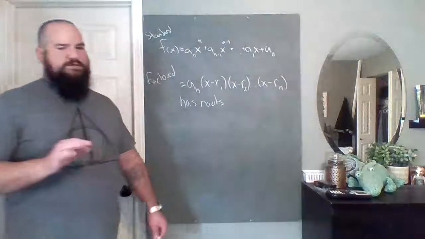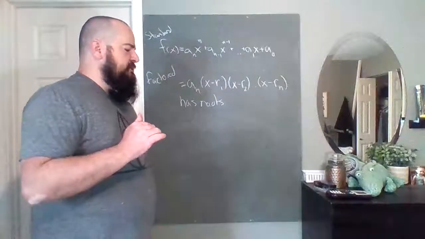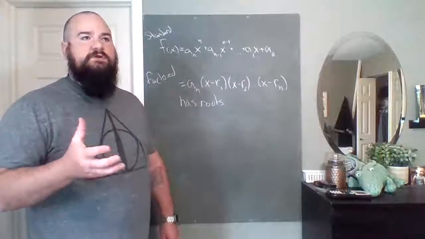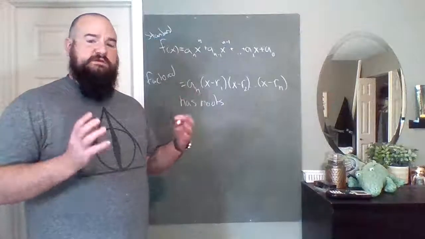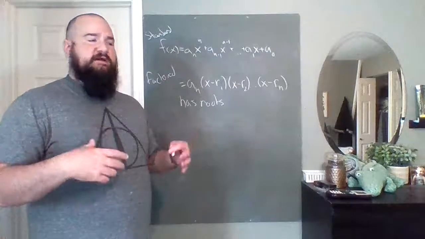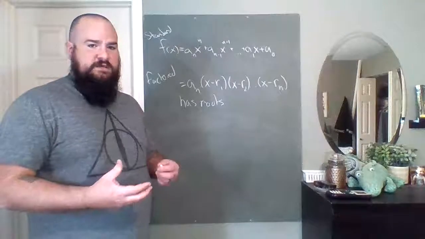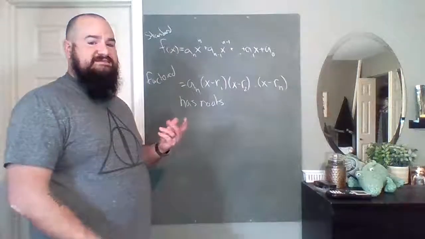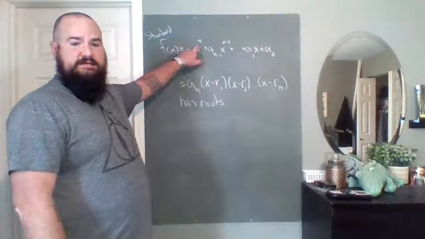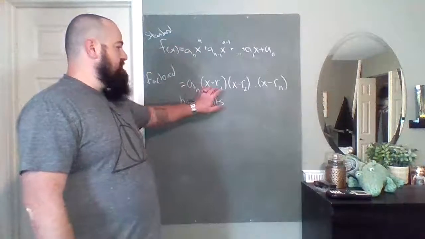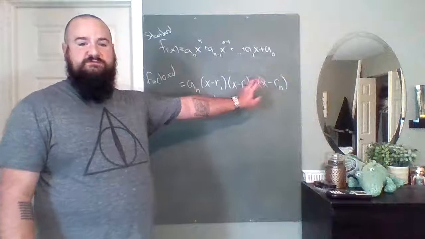I'm going to leave these up here because I want to talk about adding on a little bit. Polynomials are a very vast set of functions. And one of the ways we classify them is by what we call their degree. So the degree is simply the highest power of x in standard form, or it is the number of factors in factored form.